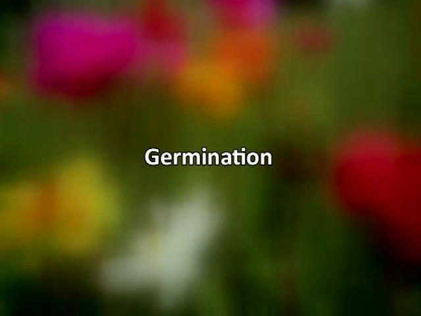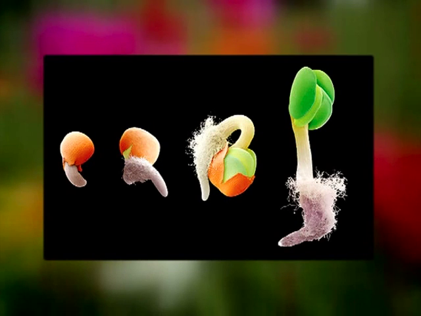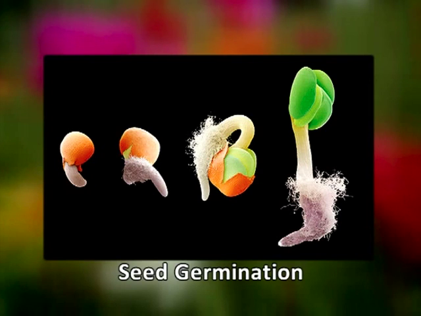Now we will see germination. When the conditions are favorable, the seeds will take up water through the micropyle by imbibition. This triggers the beginning of the growth of the seed. The cell swells and the testa splits.